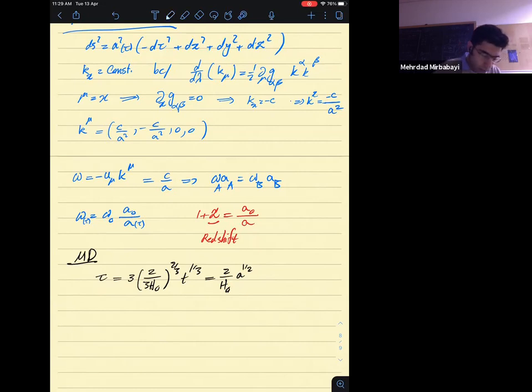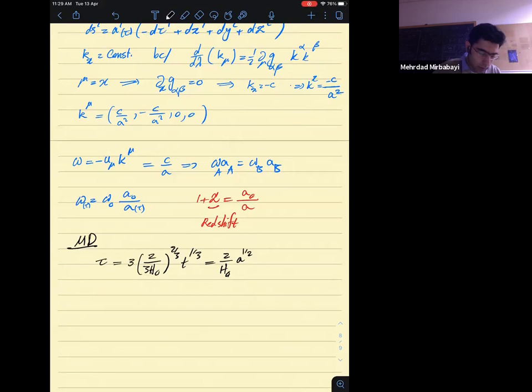Okay, now we have a definition of the redshift. Another thing to mention is that since we are in flat cosmology, we can always rescale the coordinates so that a0 is equal to 1. So this a, you can think of it as a/a0, because a0 is 1.